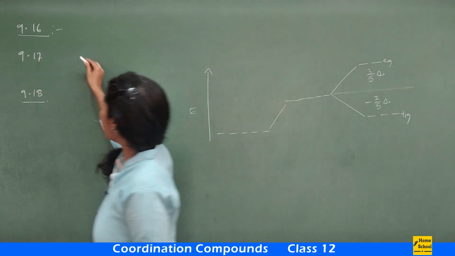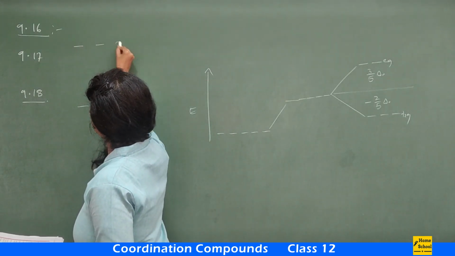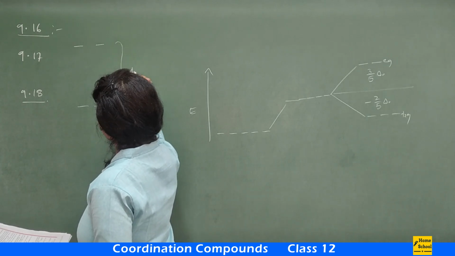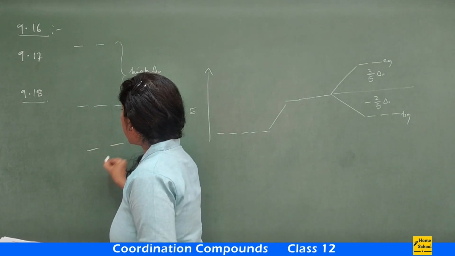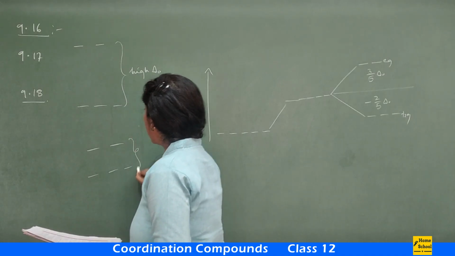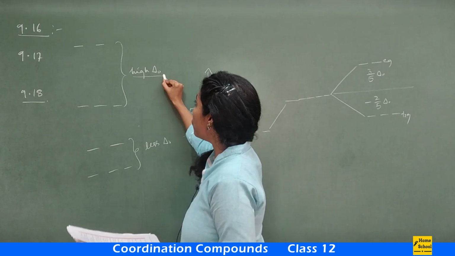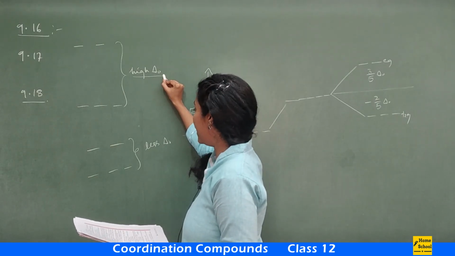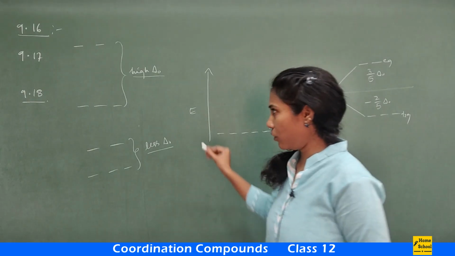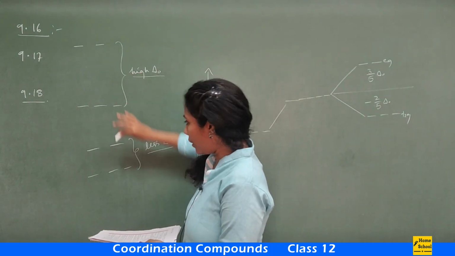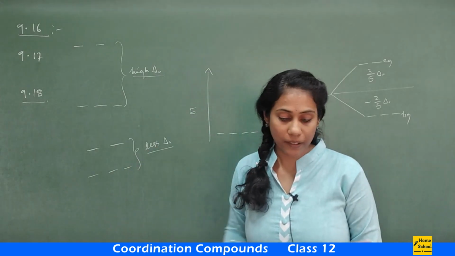Strong ligands split the orbitals more, causing high CFSE. Weak ligands cause less splitting and less CFSE. So based on the extent of splitting, ligands are classified into strong and weak.